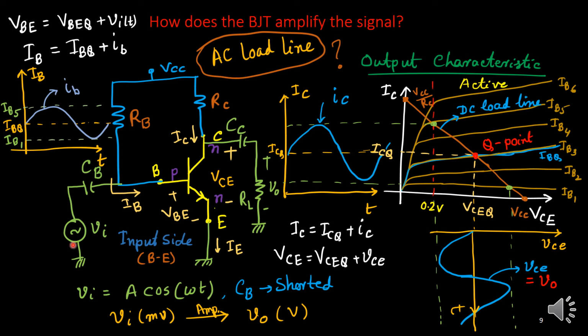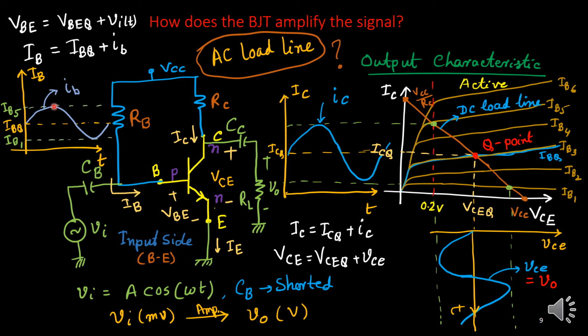So in that case, what is happening? When some voltage is applied, this voltage is going to change over the VBEQ. Because of that, the base current will vary. We can expect that when input voltage is more positive, base current will be more compared to IBQ.